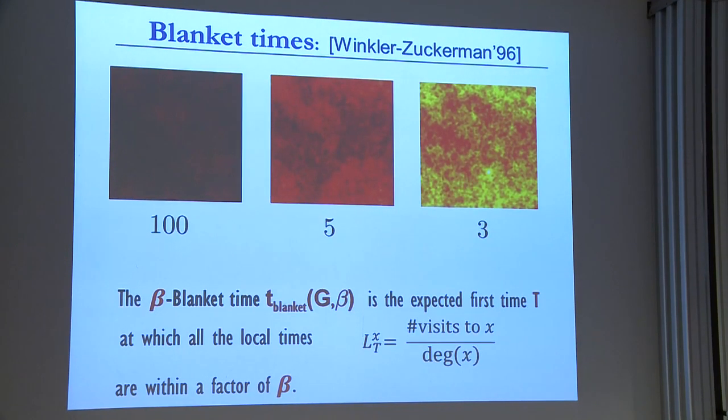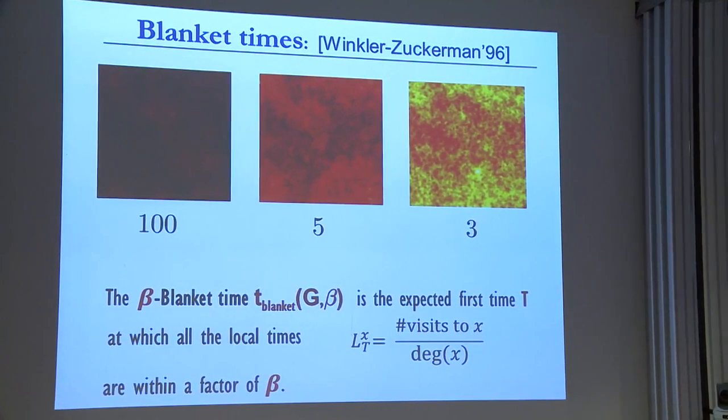We know that asymptotically, if I look at the ratio of two local times, it must tend to 1. This is just the fact that the empirical distribution will tend to the stationary distribution. But here we're not interested in asymptotics. We want some quantitative bounds. And so Winkler and Zuckerman looked at this blanket time. Again, it's the expected time when all vertices are visited, say, within a factor beta of each other.